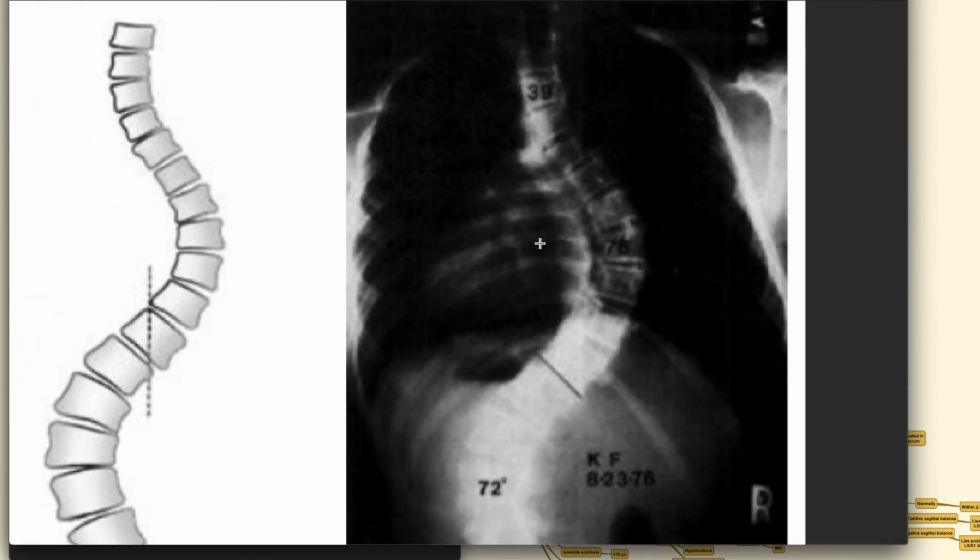So you pull a line over the lower part of this vertebra here as your first guiding line, and then you find the vertebra with the same criteria, which should be around this vertebra. You pull another line from the superior aspect of the vertebral body, and the angle formed by these two lines, this one up here and this one down here, is your curve magnitude, also known as the Cobb angle.